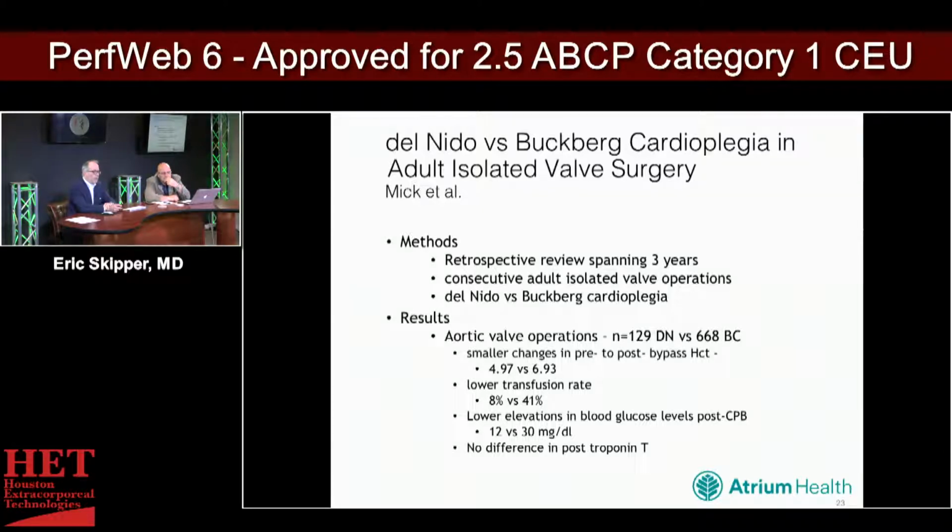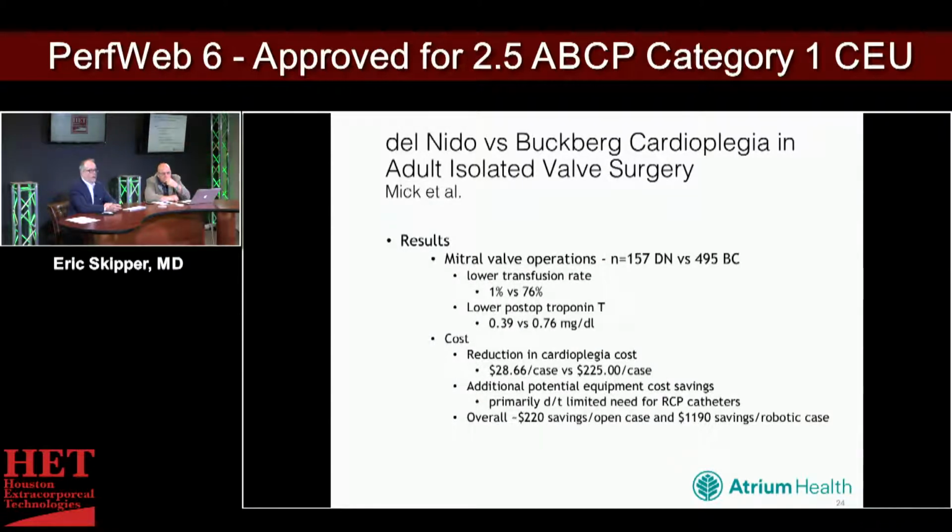If one looks at Del Nido versus Buckberg cardioplegia in an isolated adult valve surgery population, this is a retrospective study, spanned 3 years, looked at consecutive patients, Del Nido versus Buckberg. Aortic valve operations, they were found to have smaller changes in hematocrit, pre and post bypass with Del Nido, lower transfusion rates, lower elevation in blood glucose post bypass, but no change in post-troponin T values.